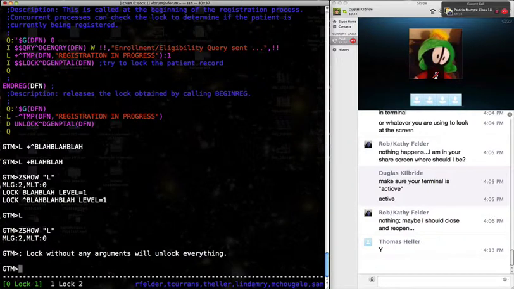So let's talk about its syntax in detail. The lock command had an old syntax. It's not allowed to be used anymore.